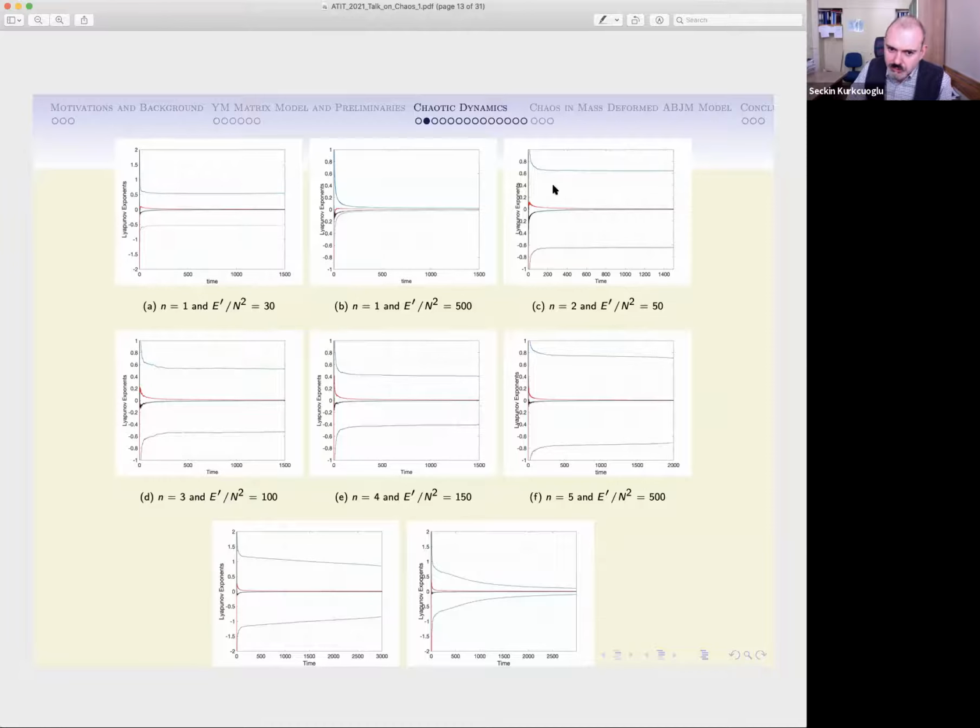You see that, for example, for n equals 2, there's this blue curve, which converges to some value just above 0.6. There is this violet or purple, whatever the color is.